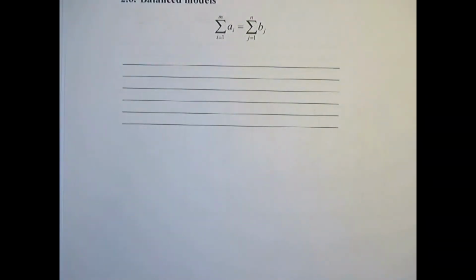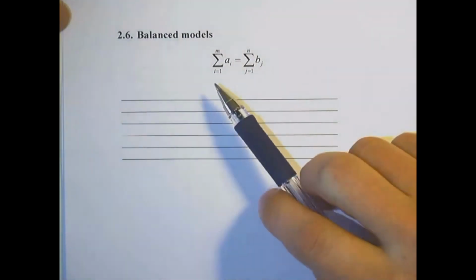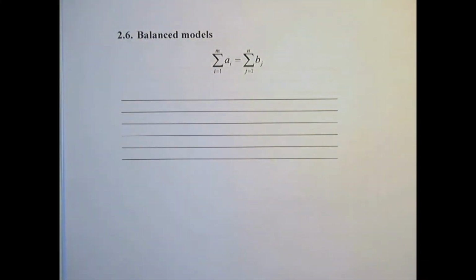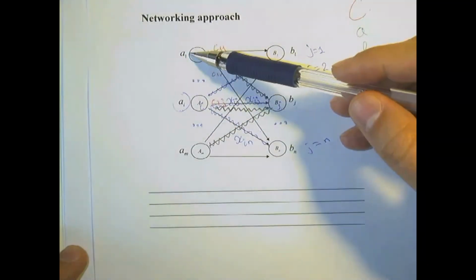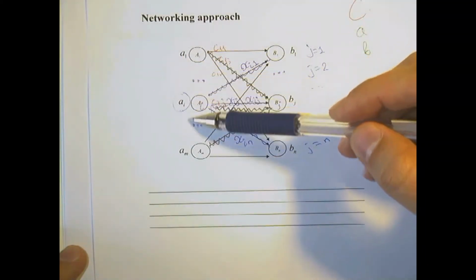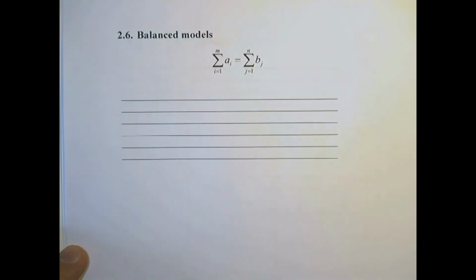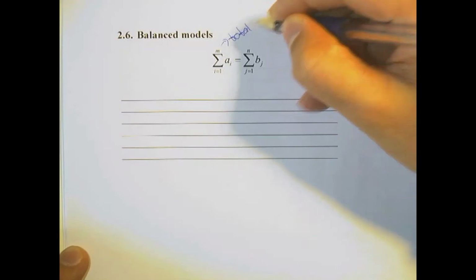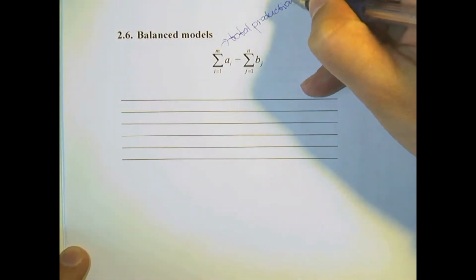To resume, balanced models are the following. The left-hand side is just the sum of a small 1, a small 2, and so on, a small m. It is the total production volume.